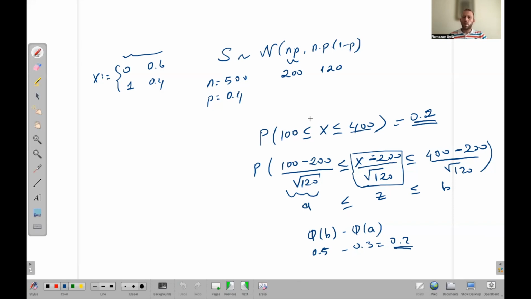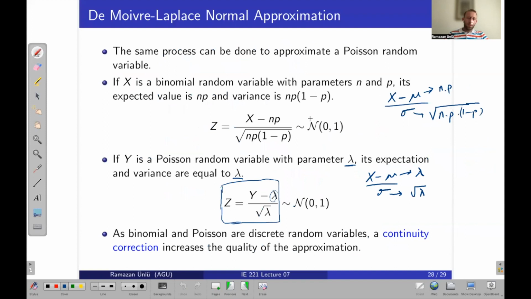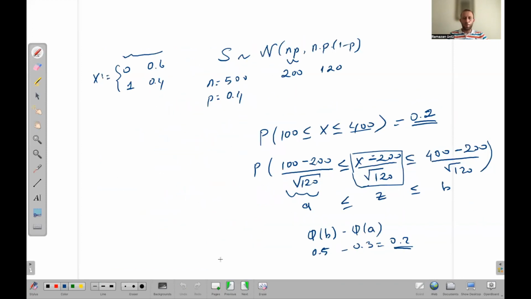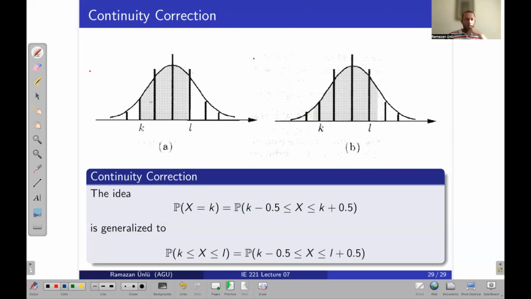However, the binomial and the Poisson are discrete random variables. That's why a continuity correction increases the quality of the approximation. Let me explain what I mean by the continuity correction. Let's say I'm going to approximate the binomial distribution to the normal distribution, okay? And in this graph, each rectangle corresponds to the PDF of some random variable in a binomial distribution.